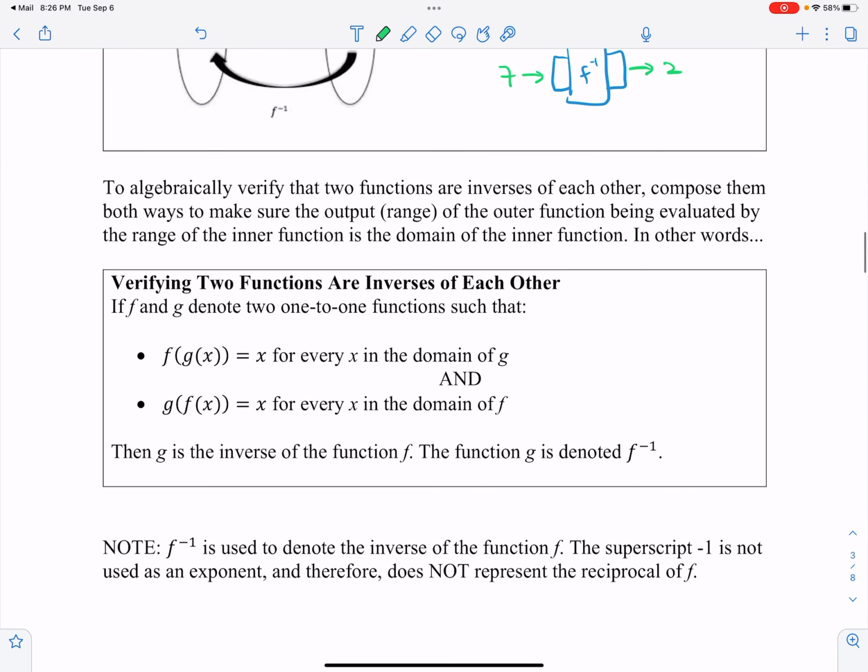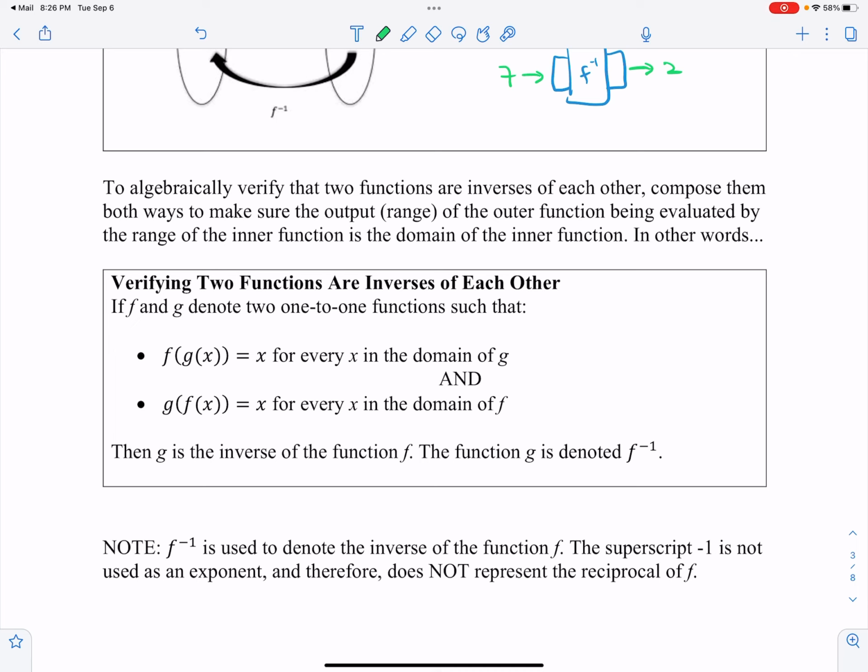So to algebraically verify that two functions are inverses of each other, we compose them both ways to make sure that the output of the outer function being evaluated by the range of the inner function is the domain of the inner function.